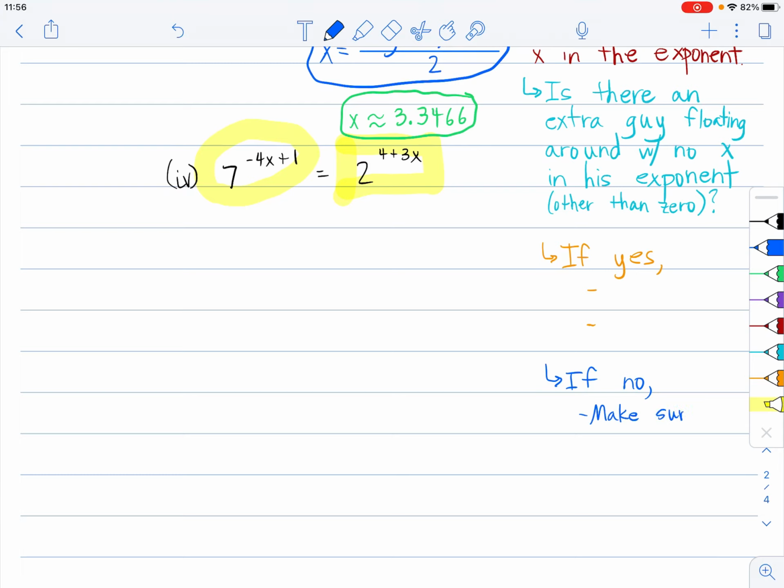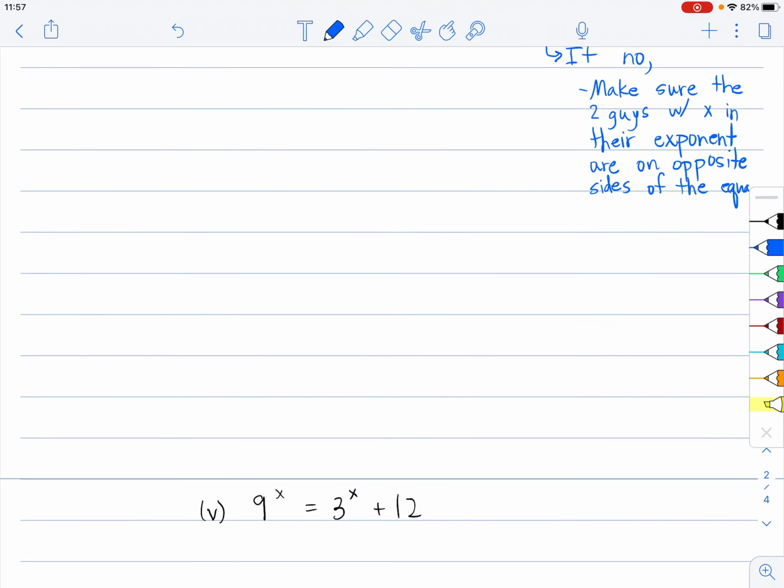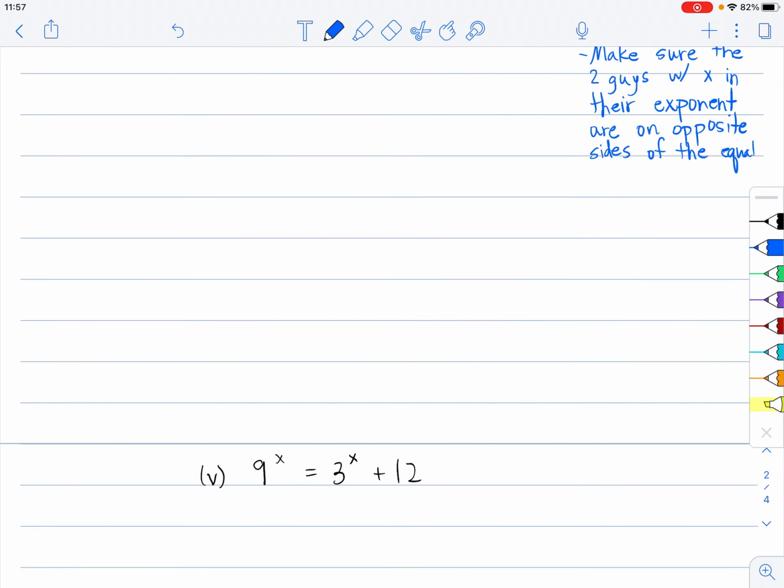Make sure the two guys with x in their exponent are on opposite sides of the equal sign.